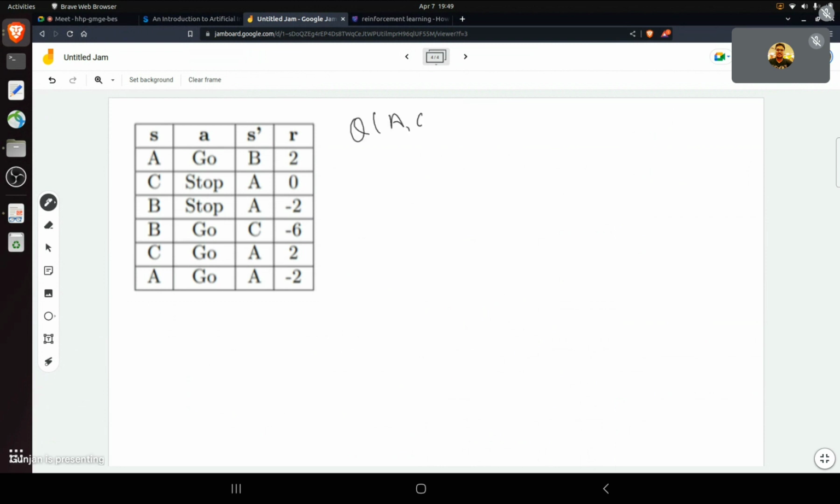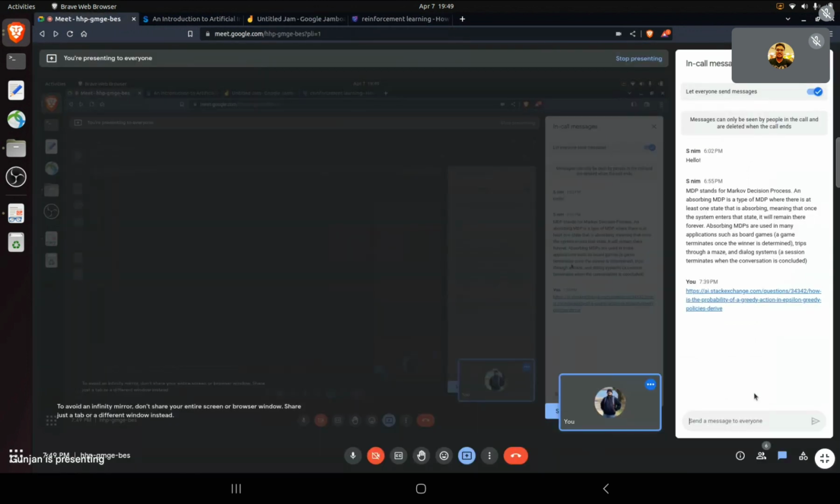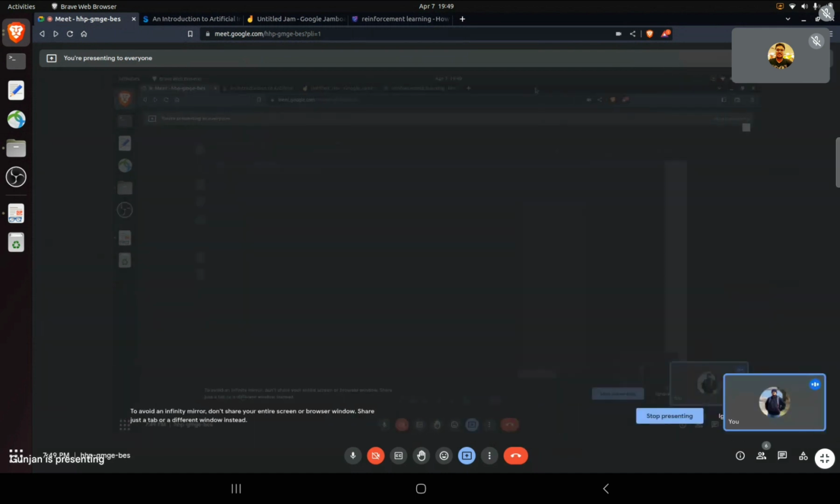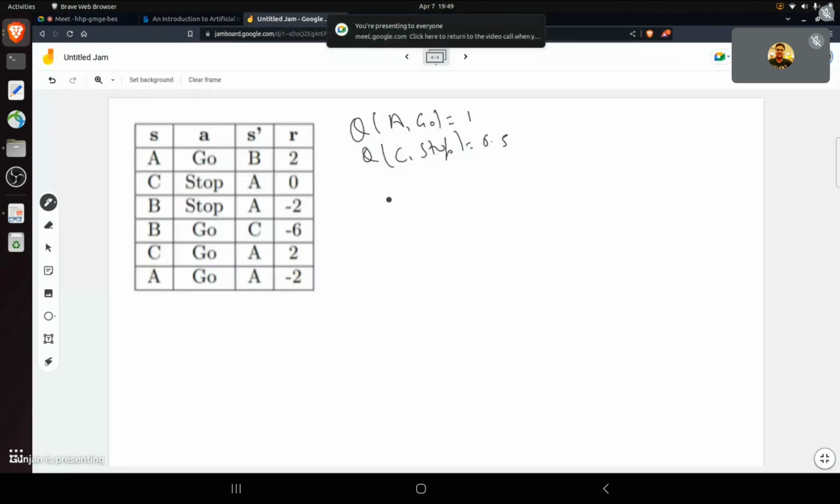Is there any question? So far we have figured out Q A comma go is 1 and Q C comma stop is 0.5. That is what we have figured so far. Are there any questions till this point? So the next is now Q B comma stop.